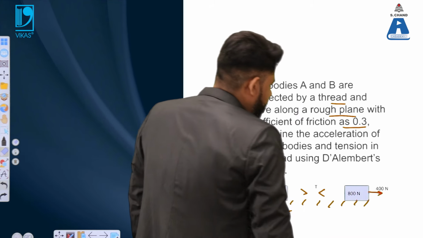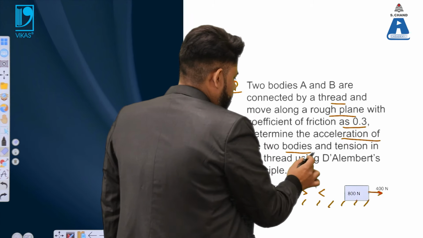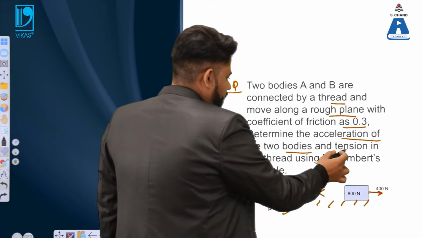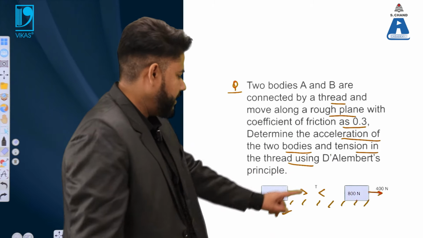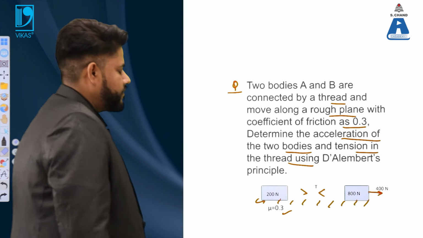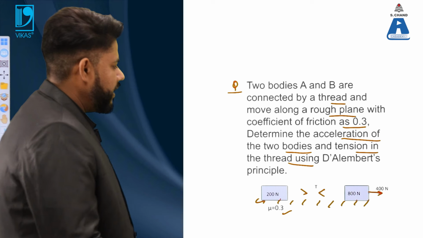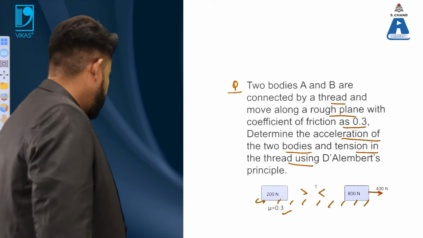You need to find out the acceleration of the two bodies and the tension in the thread using D'Alembert's principle. So tension is there in the thread, and the two bodies would have acceleration. We need to apply D'Alembert's principle to find the acceleration and the tension. How can it be done?